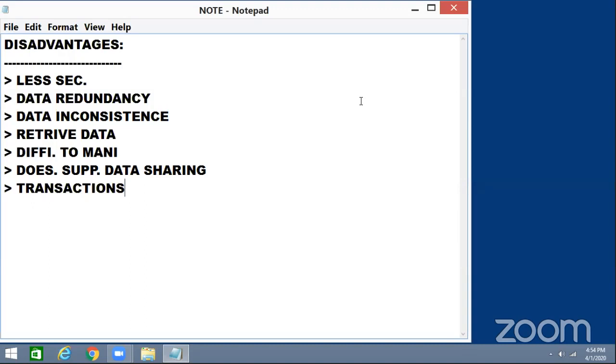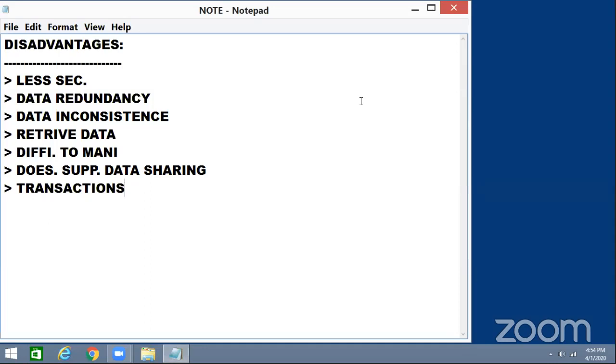So what you understand is that books and papers and flat files have so many problems and drawbacks. Security problem, duplication problem, irregular data problem, and retrieval is very slow and time consuming. Manipulations are very difficult, and we can't share the data from one place to another, or to multiple users at a time.